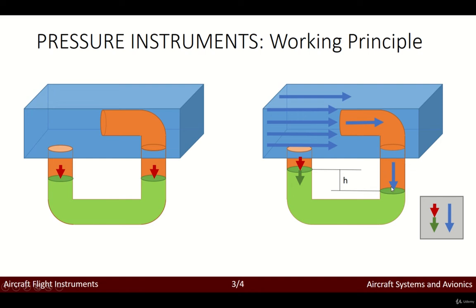So this is the basic thing that you need to take into account. The difference in the altitude, or the way in which the fluid is moving from one side to the other, determines the difference between the dynamic pressure and the static pressure. And so this H can be easily related to the velocity of the flow. This is the key point, okay?